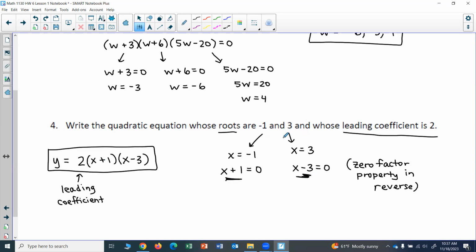So quick summary, if you're trying to solve by factoring, use the factoring methods that we've learned so far. And if you have a leading coefficient, it's not going to contribute to a root. It will just be a number out front. Once you factor, use the zero factor property and you can solve.